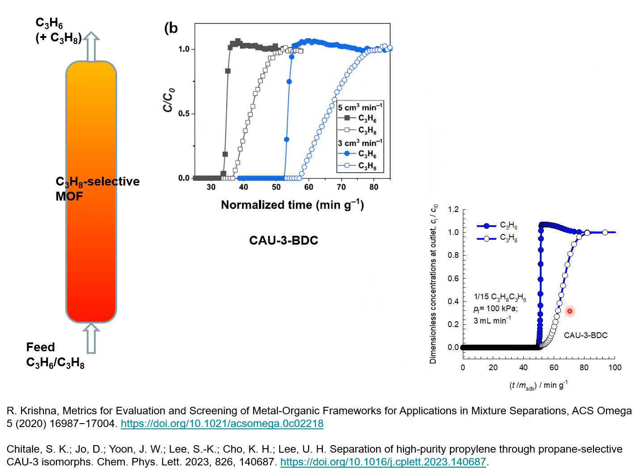The transient breakthrough simulation strategy is described in my earlier paper published in ACS Omega, and taking due account of diffusional influences, I calculated the transient breakthroughs for 1:1 mixtures of propane-propylene for a flow rate of 3 milliliters per minute, and these are the breakthrough simulations that are in good agreement with the experimental breakthroughs reported in this paper by Chitale.